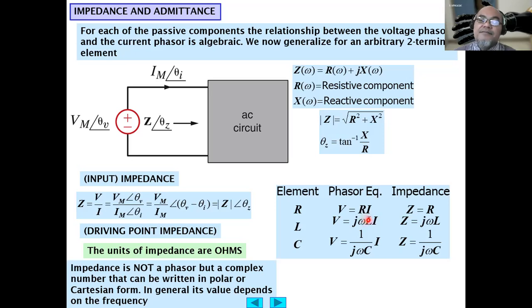The impedance is voltage divided by I, so it equals j omega L. When the element is a capacitor, then voltage equals I divided by j omega C, because the voltage lags the current by 90 degrees. So the impedance is defined as voltage divided by I, which equals 1 over j omega C.